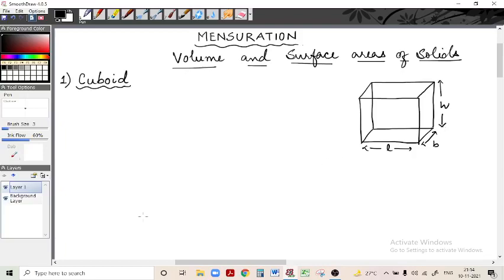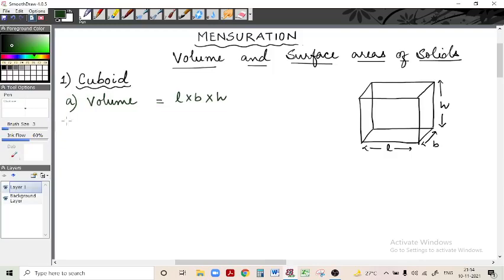In case of a cuboid, first, let us talk about its volume. Volume of the cuboid will be length into breadth into height.